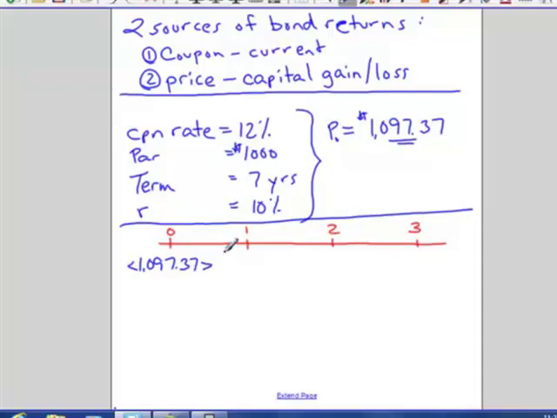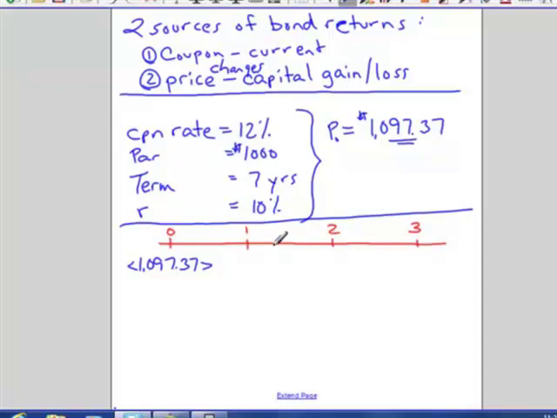That's a cash outflow that we're going to incur for investing in this particular bond. And let's assume that in 1 year, we're trying to demonstrate the idea of our returns from a bond given the coupon and price changes. Oh, and I forgot to put price changes up here. Price changes, which is going to result in a capital gain or loss.